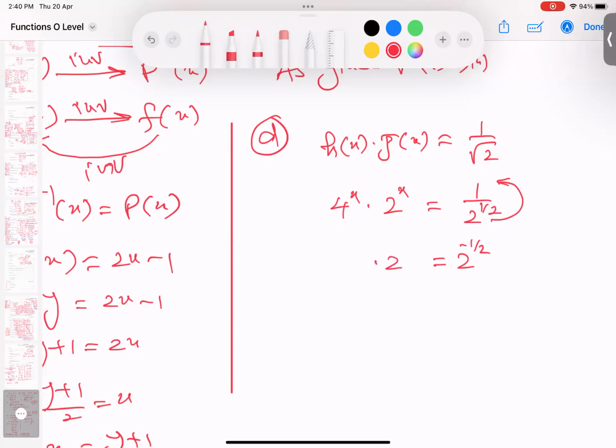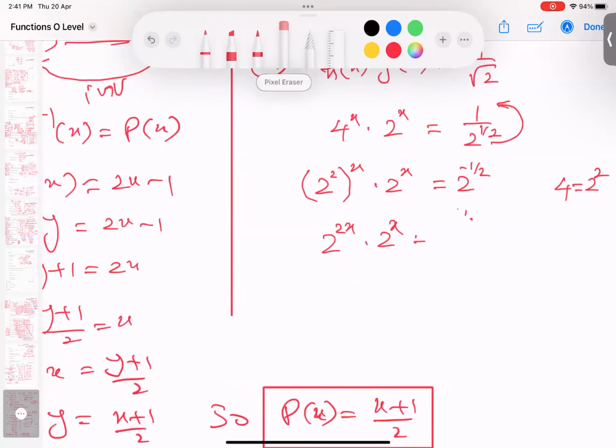What is this 2 to the power x? Keep it as it is. What is 4? All of you are familiar: 4 is 2 to the power 2. So I'm replacing it here with 2 to the power 2, but on the whole, I have x. You can see x. And basic one power inside, one power outside, they always multiply. I get 2 to the power 2x times 2 to the power x equal to 2 to the power half.